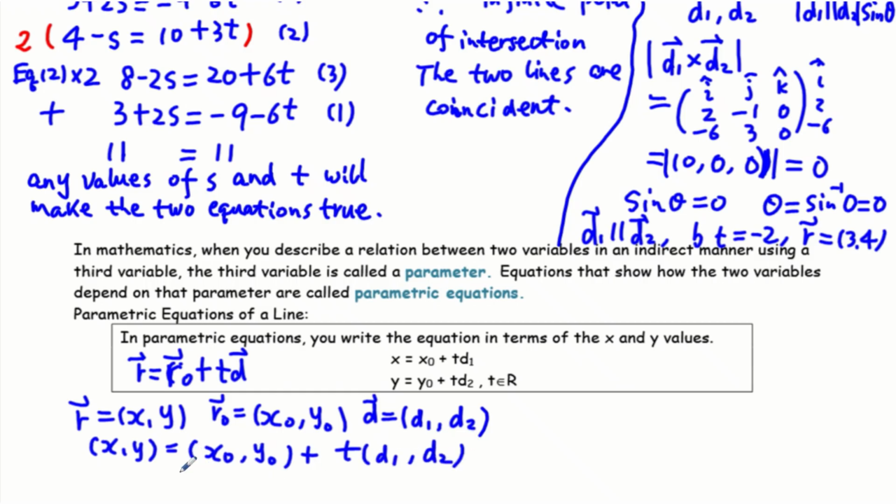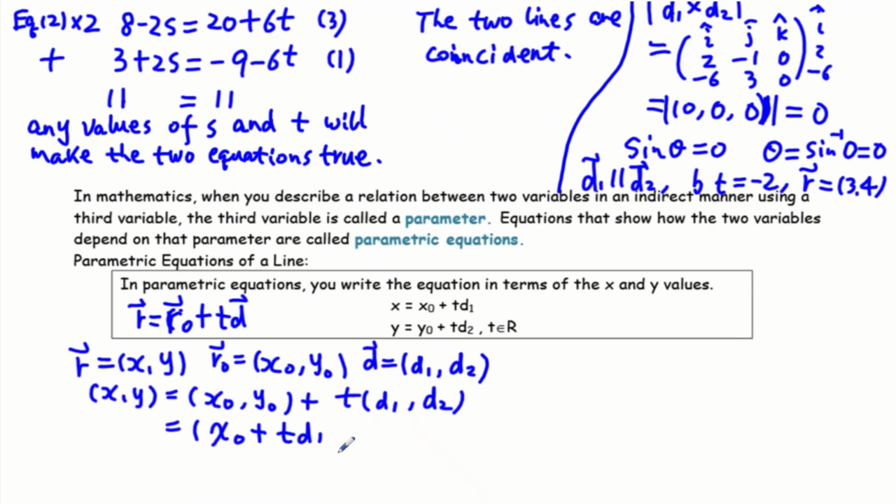We expand it, and you will find the x direction is x0 plus td1, and the y direction is y0 plus td2. Then just write the x component out as the first one, and the y component out as the second one.